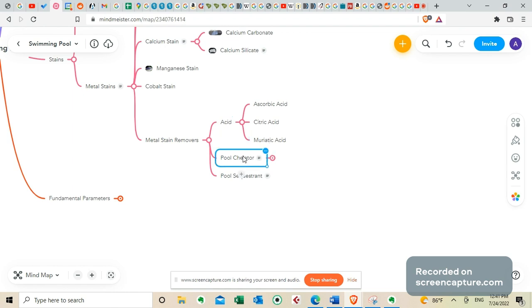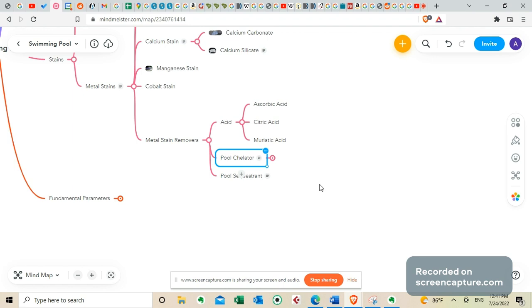So what a chelator does, a pool chelator, basically it's a molecule that will wrap around the metal ion and it forms something called a coordination complex. It acts as the ligand with the metal ion forming the coordination center. So basically that means it binds at several points around the metal ion and latches onto it.